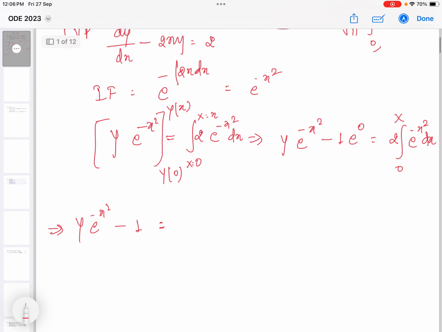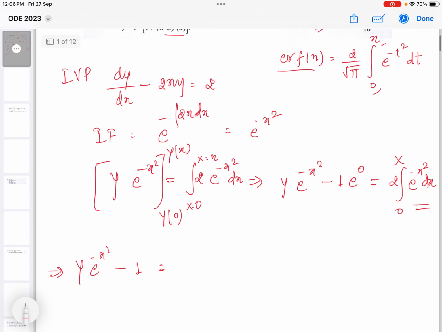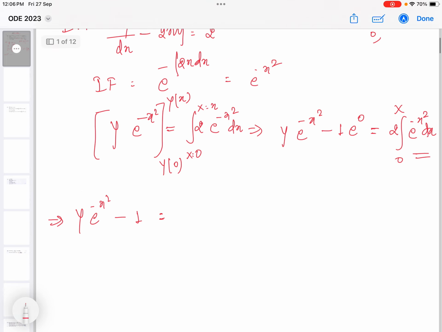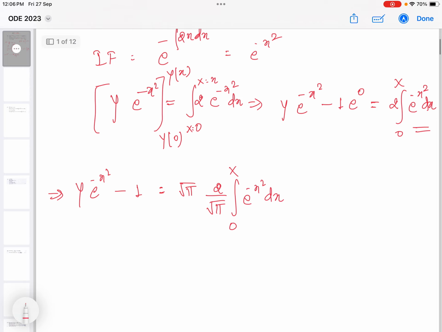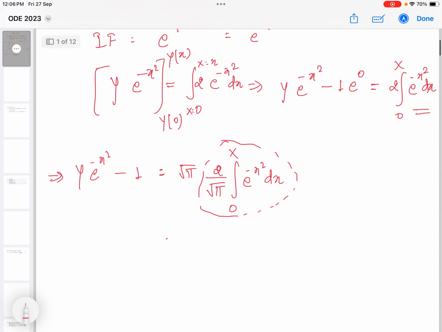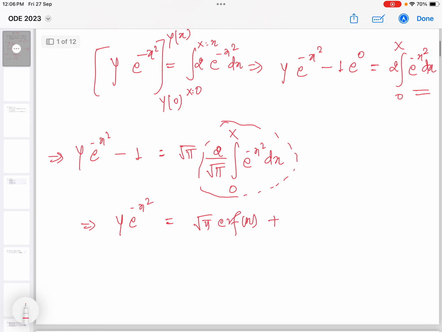We try to convert this part into the error function. What we do is multiply root pi in numerator and denominator, and it becomes like this, with the integral of e raised to the power minus x square dx. This is the error function of x. So y equals minus x square root pi error function of x plus 1.